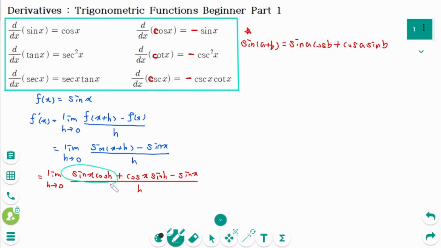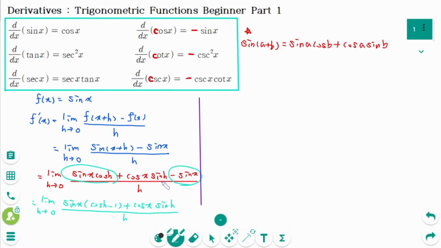With these two terms, take out common factor which is sin x, limit as h approaches 0, sin x times (cosine h minus 1) plus cosine x times sin h over h.